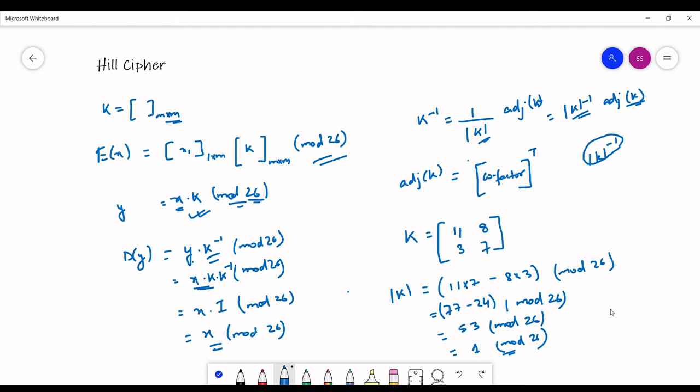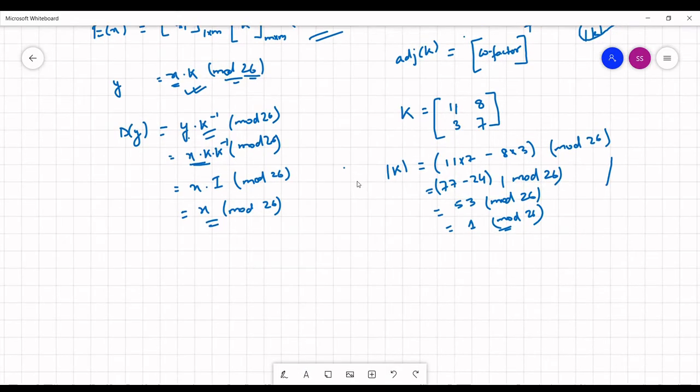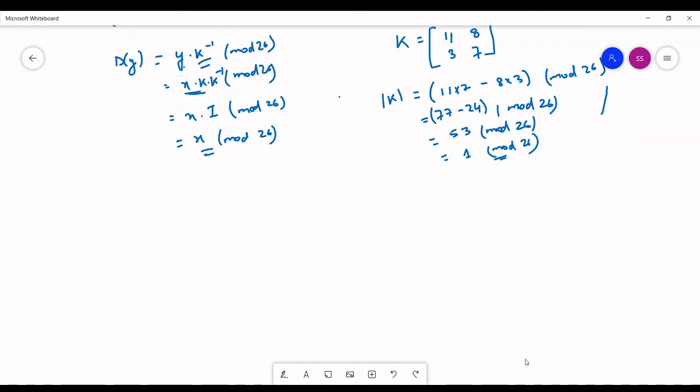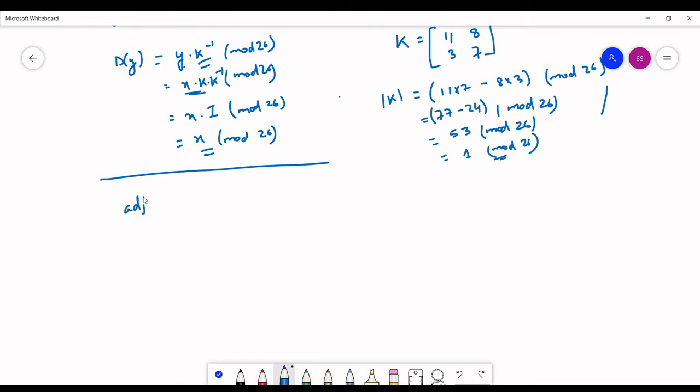Now let's find the adjoint of k. My k is 11, 8, 3, 7, so I will find the adjoint of k. For finding the adjoint of k, you have to find the cofactors of each element of k and then take a transpose of it in mod 26.